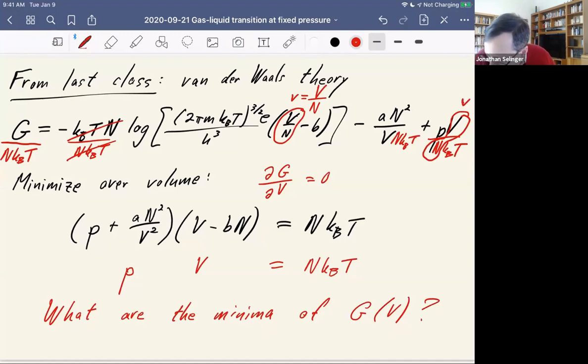And here, there's an n squared in the numerator and an n in the denominator, right? So here, there's a little v in the denominator. Okay.